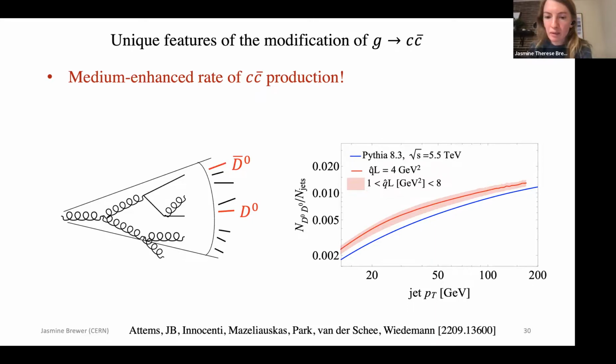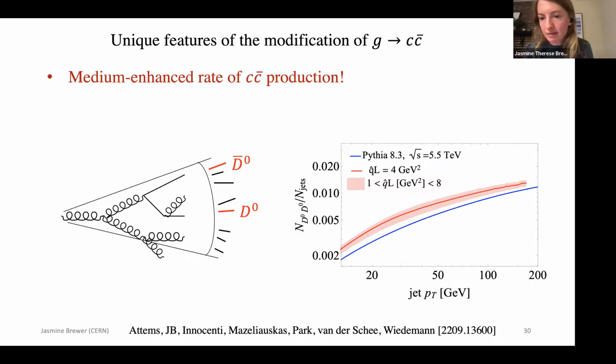What I think would be quite a cool feature of this is that if you can measure the rate of D D-bar jets in proton-proton and in heavy ion collisions, we argue, and I think show, that this rate enhancement can really give you access to this feature of the splitting function: the medium-induced creation of c c-bar pairs.